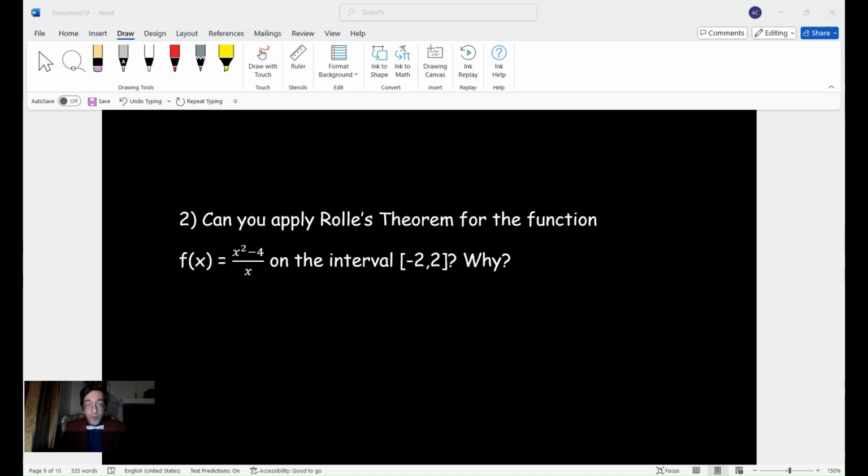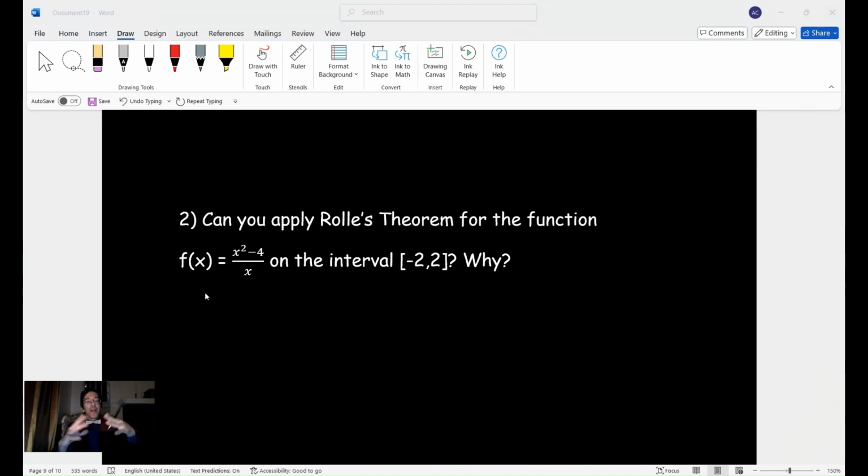If we check for the continuity here, we have a function that is, unfortunately, undefined at x equals 0. You are not allowed to divide by 0. Therefore, we say that f of x is not continuous on the interval negative 2, comma 2, because there's a discontinuity at x equals 0.